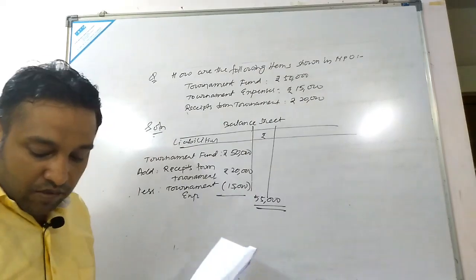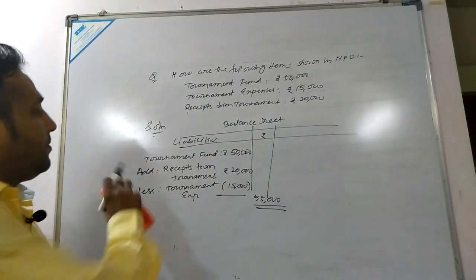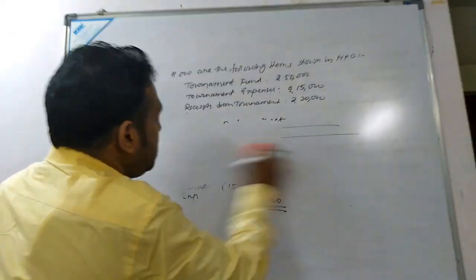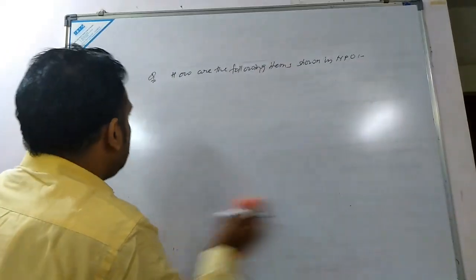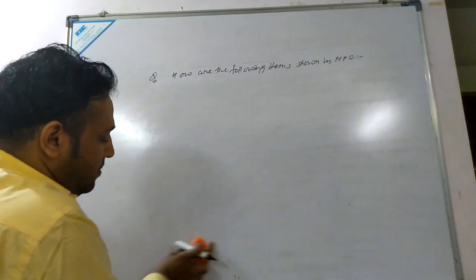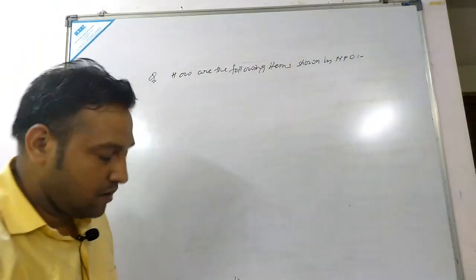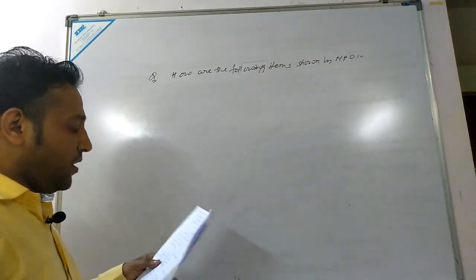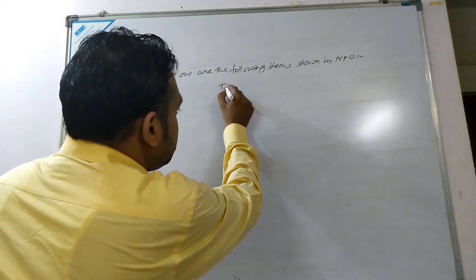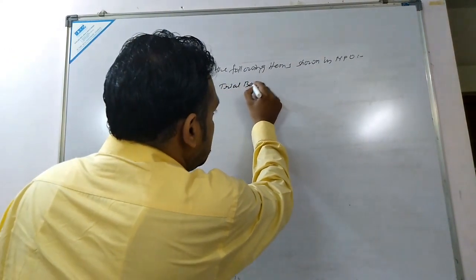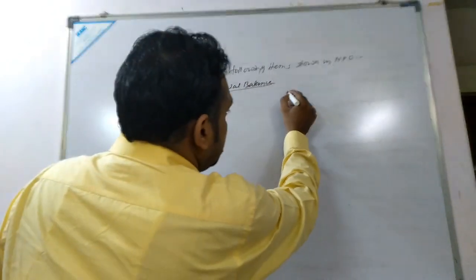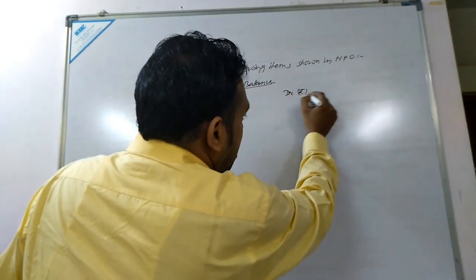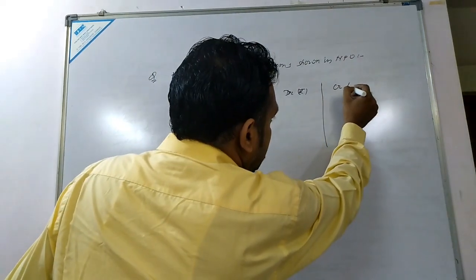One more question we will solve. See, how will the following items be shown in the NPO? Suppose a trial balance has been given, and we have two sides: one is the debit side and one is the credit side.